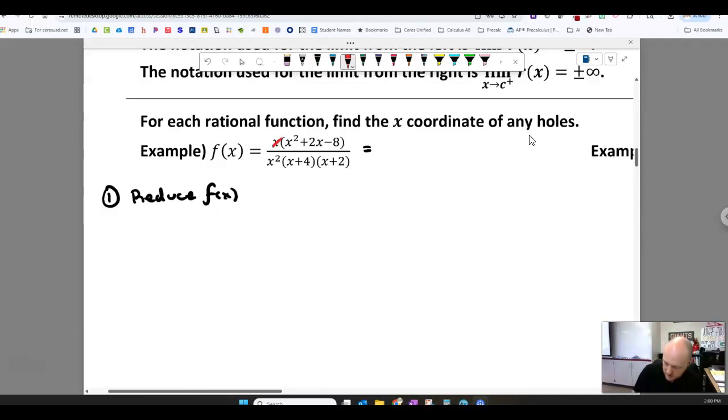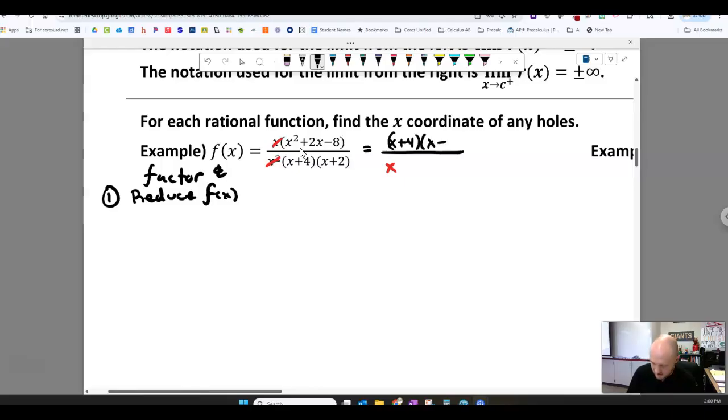I'm going to reduce in x here, and I still have an x in the denominator. Oh, you know what? I fell into a trap. Let's factor and then reduce. I have to factor this. I didn't see that coming.